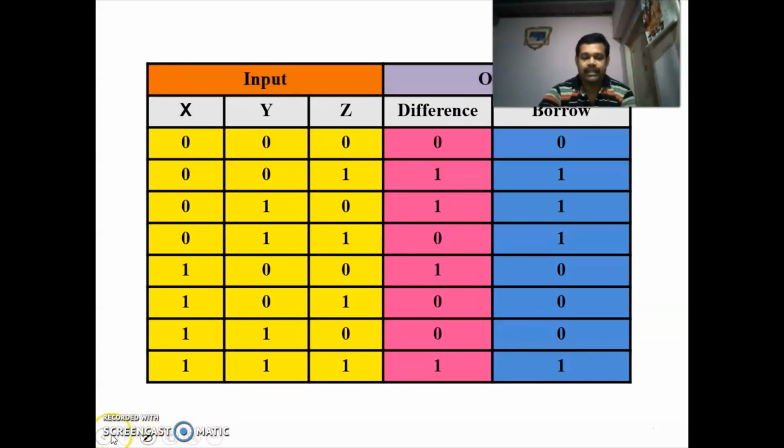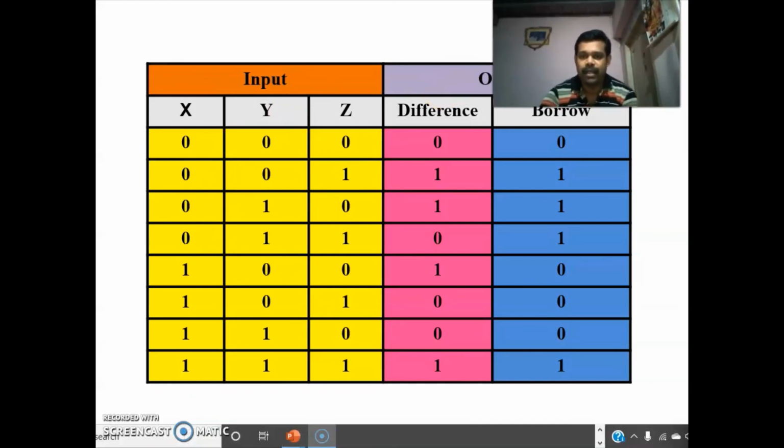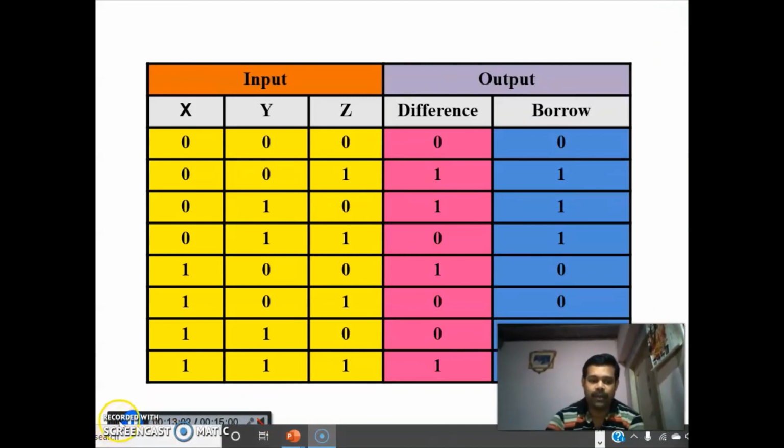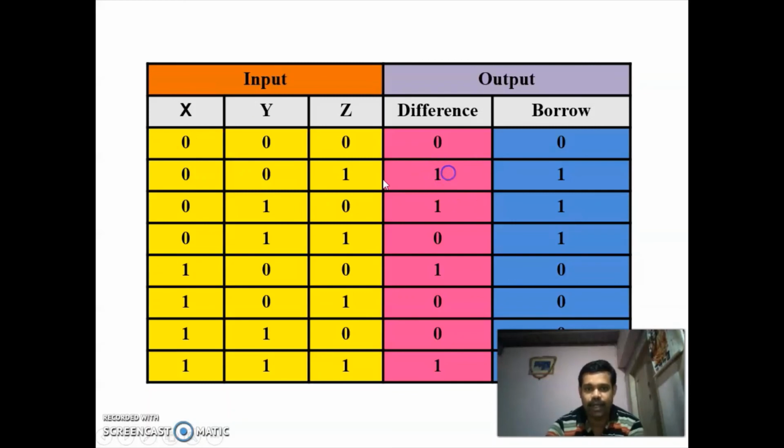Now next is an implementation problem. We have to implement a full subtractor using a demultiplexer. For this implementation, first we write the truth table of the full subtractor. After writing that, we check for which numbers you have 1. For difference, you have 1 for 1, 2, 4 and 7. Similarly for borrow, you have 1 for 1, 2, 3 and 7.